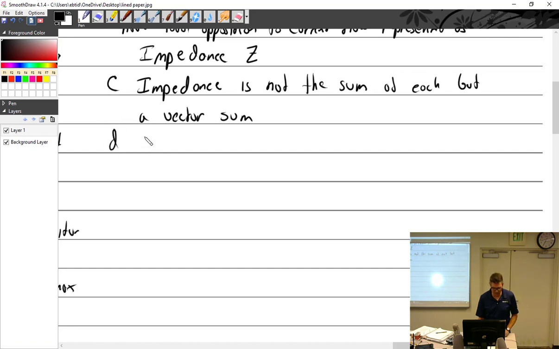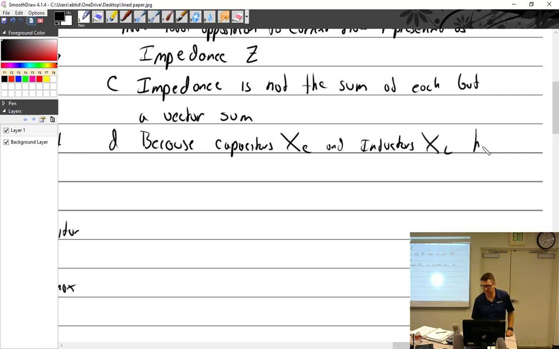All right. Because capacitors, which is X of C, and inductors, X of L, have opposite effects. And what are those opposite effects? One current leads and the other one voltage leads.